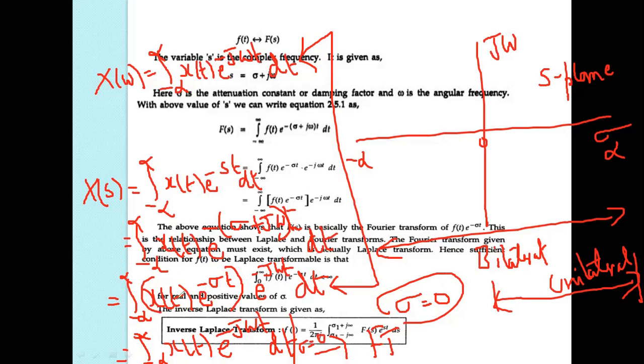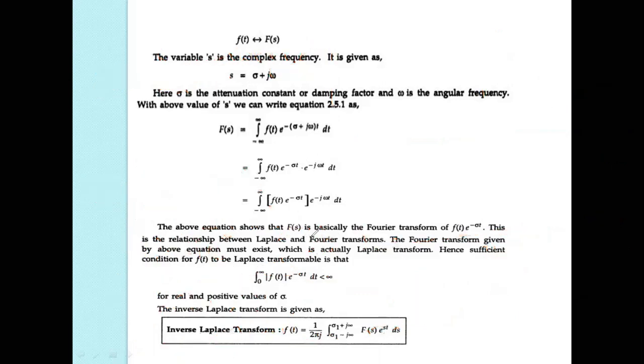Otherwise you can say x of t e power minus sigma t gives a Fourier transformation only. As explained, f of s is basically the Fourier transform of f of t e power minus sigma t. So if assuming one signal x of t, the integral of x of t e power minus j omega t dt is nothing but x of omega.